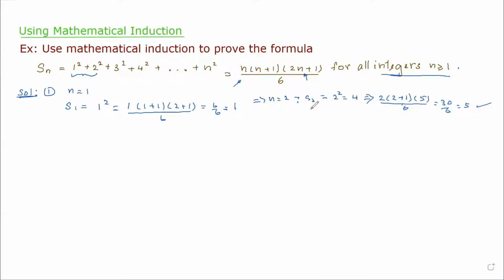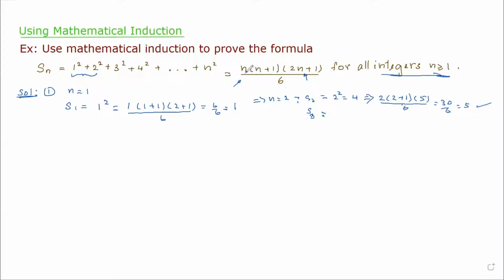So you can try no matter how many terms, they say n greater than or equal to 1. If S3, that means you sum up the first 3 terms, and the result will equal S3. So this works for all integers n greater than or equal to 1, up to n terms.